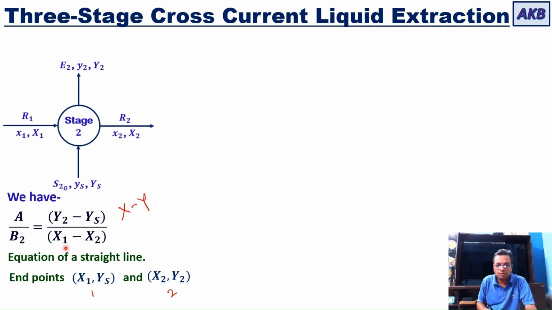So in order to do that, we will have to rearrange it. So in the numerator on this side, this is capital Y2 minus capital Y1. So in the denominator also, we need to make it capital X2 minus capital X1.